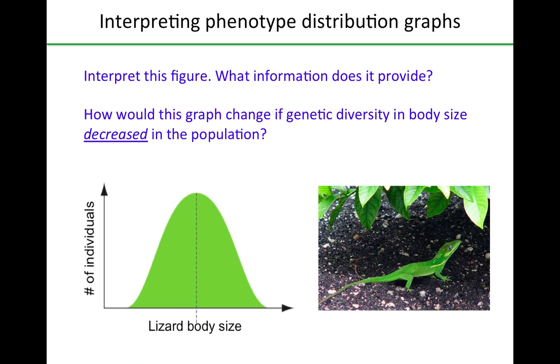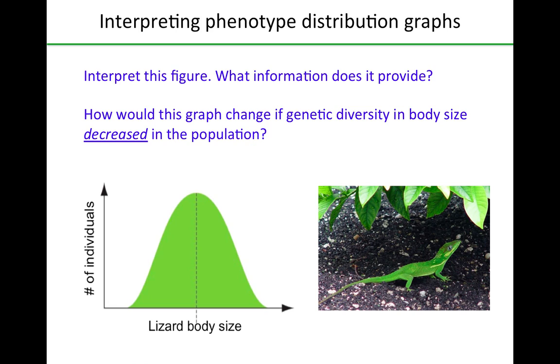Before we do this, in your textbook you saw a lot of these graphs where we have a bell-shaped curve, some phenotype on the x-axis, and number of individuals on the y-axis. What I want you to do is, in a minute, pause this video and give yourself a chance to try to interpret the figure.